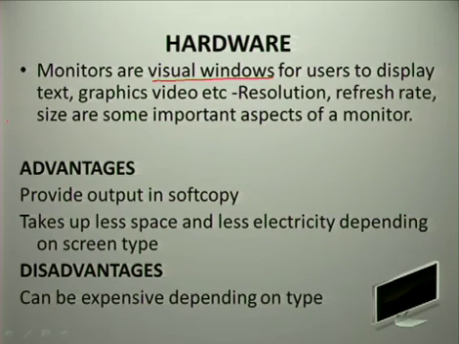The resolution, refresh rate, as well as the size are some important aspects of a monitor. Some advantages: it provides output in a soft copy, and it takes up less space as well as less electricity, depending on the screen type. It can be expensive, again, also depending on the screen type.